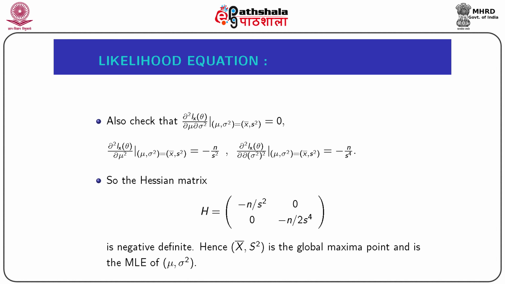So naturally here the Hessian matrix H is a diagonal matrix whose two diagonal elements are minus n by s square and minus n by 2 s to the power 4. Obviously, it is not difficult to check that this matrix H is a negative definite matrix. This implies that the sample mean x bar and the sample variance s square are the global maxima point and are the maximum likelihood estimators of mu and sigma square.